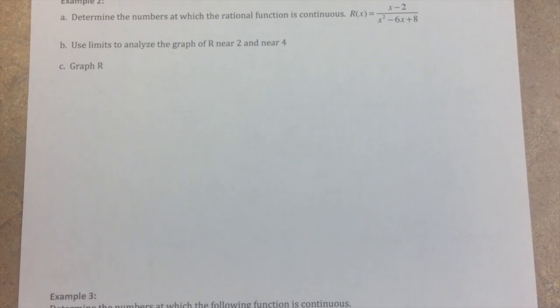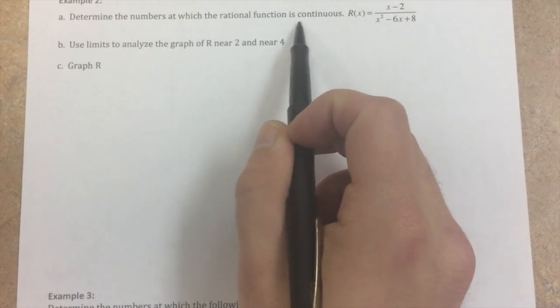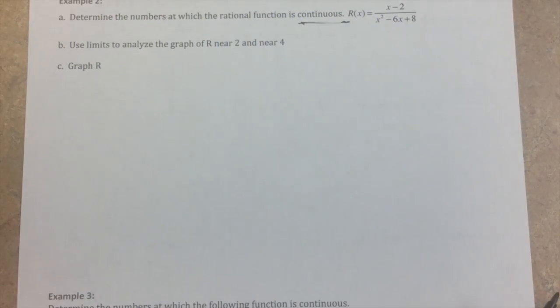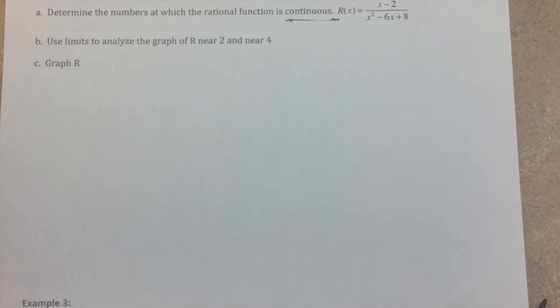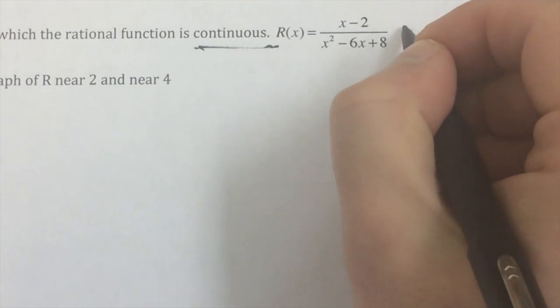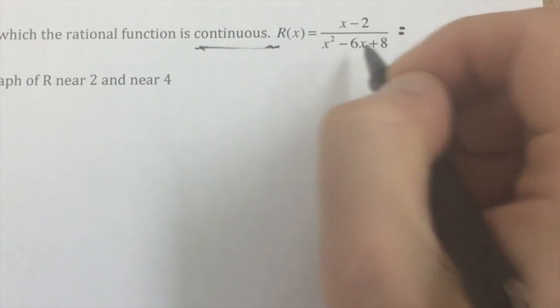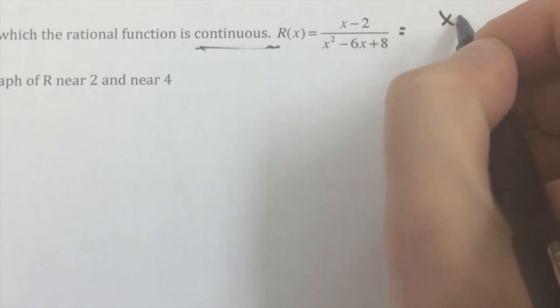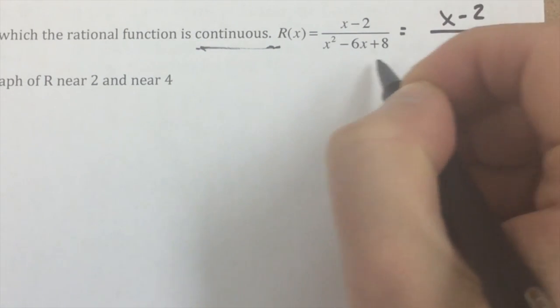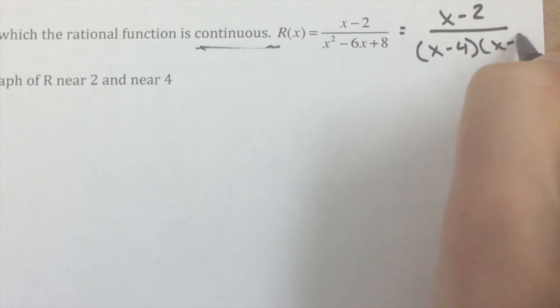So let's take a look at example 2. First thing, we want to determine the numbers at which this function r is continuous. If I zoom in just a little bit, we need to know what the domain of this function is. So we first need to factor the denominator to find the domain of a rational function. That should be x minus 4, x minus 2.